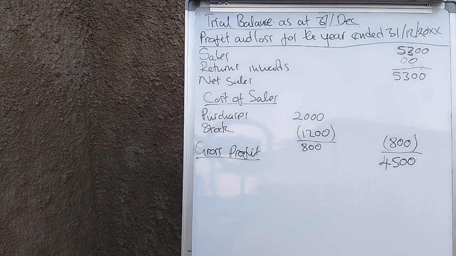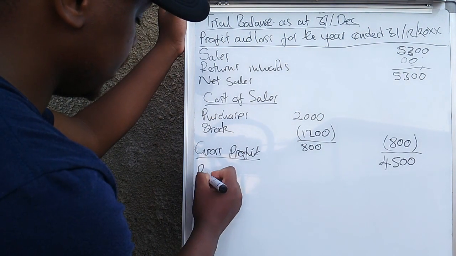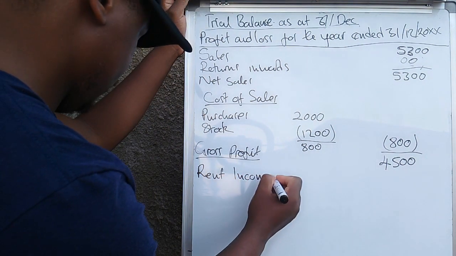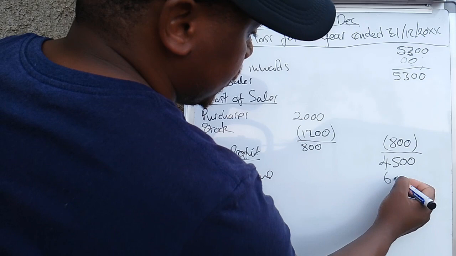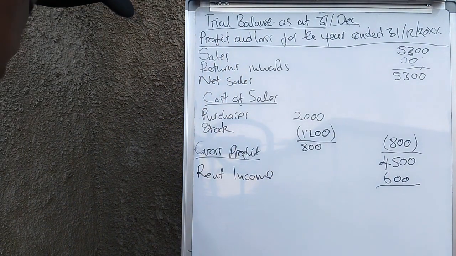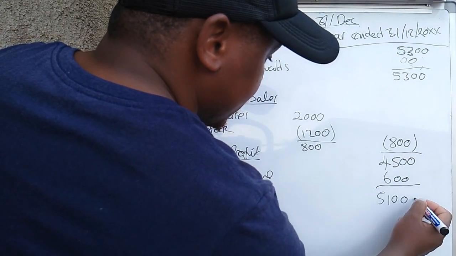So we now look at our statement and try to see if we have such things of such nature. We have rental income. So we put rent income there. Our rent income is 600. So we add that rent income to the gross profit to come up with 5,100.